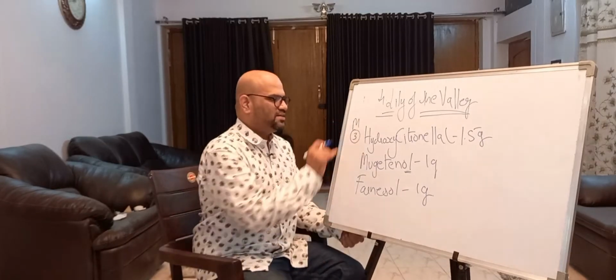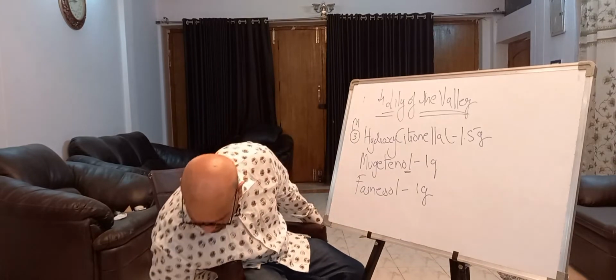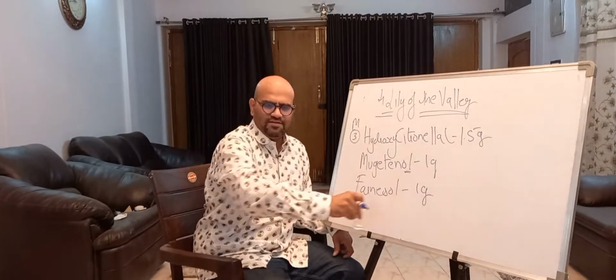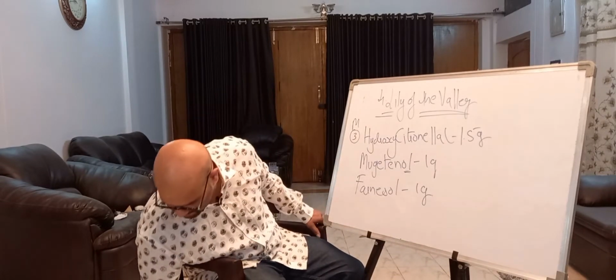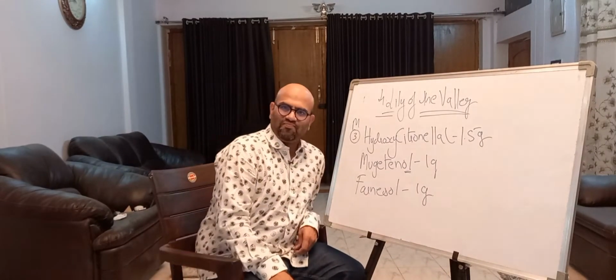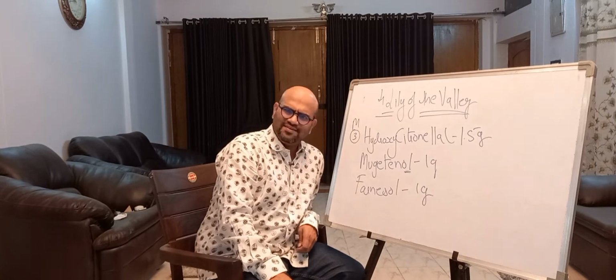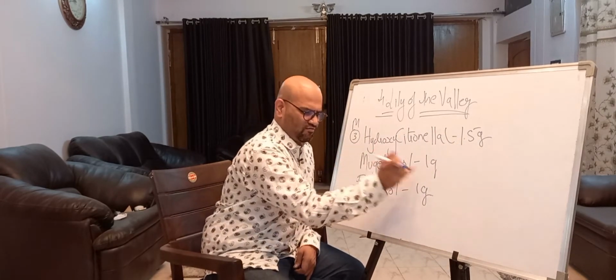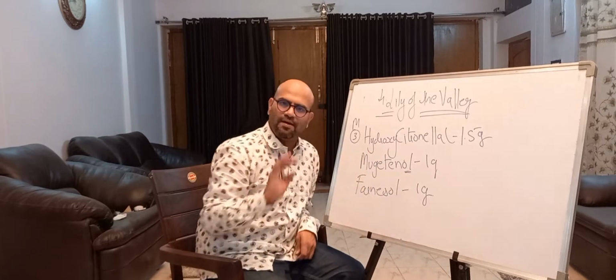Right? So how many materials do we have in M3? M1 is ready, M2 is ready, M3: hydroxycitronellal 1.5 grams, muguetanol 1 gram, farnesol 1 gram.